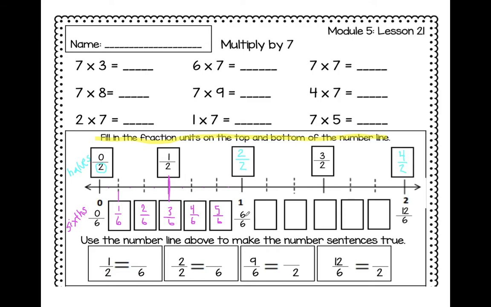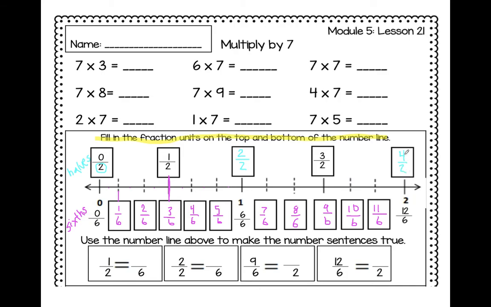So we're still counting up with our sixths. We have 5/6, 6/6, and we have 7/6, 8/6, 9/6, 10/6, 11/6, and 12/6, or a whole number of 2.